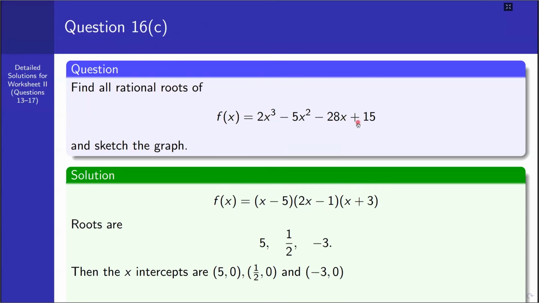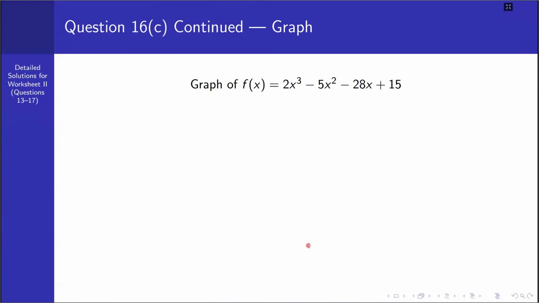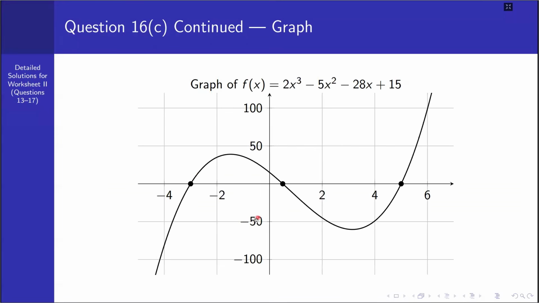The constant term is 15, so its y-intercept is 0 15. Therefore, if we put this information on the Cartesian coordinate system, the graph of the given polynomial function will look like this. These are the x-intercepts. It has 2 turning points because the degree is 3. Its y-intercept is this one, around 15. Therefore, the graph will have this property.